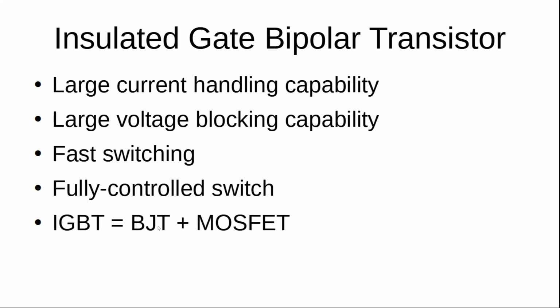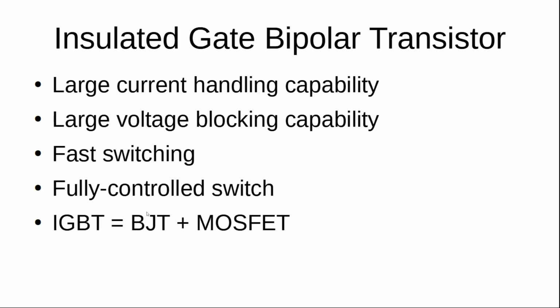But the BJT has secondary breakdown, and it's also slower when it comes to switching. So to get the benefits of fast switching from the MOSFET and large current carrying capability from the BJT, and also to get rid of the problem of secondary breakdown, where the device, when it's conducting, can overheat, so you have the so-called thermal runaway.